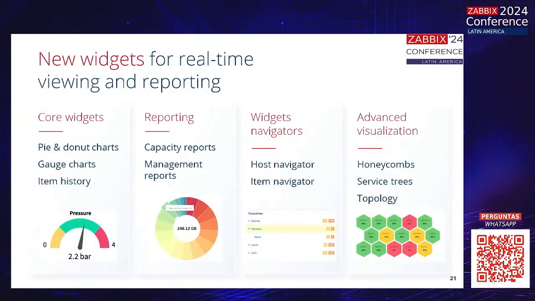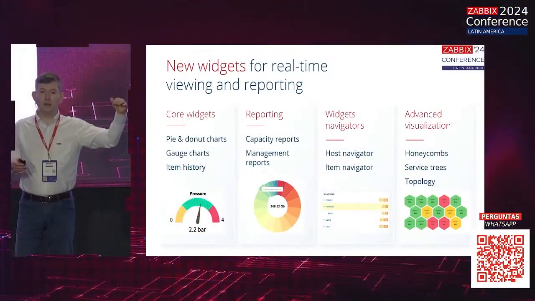It means that now we can specify absolute time periods in all widgets: for graphs, for single value widgets, for everything. So if you want to see, for example, the lowest disk usage in January, February, May, and so on, you can do it. You basically create a capacity report, and then you can see exactly the trend.